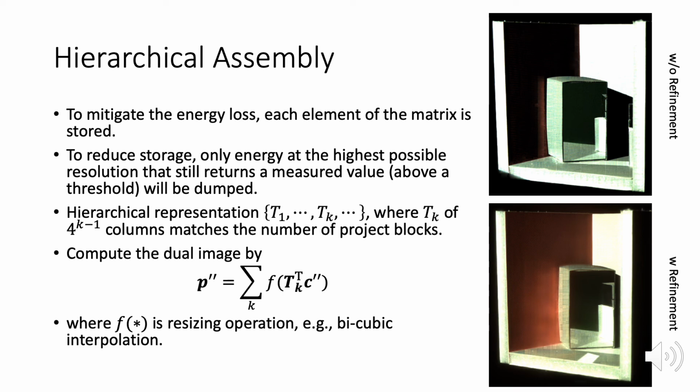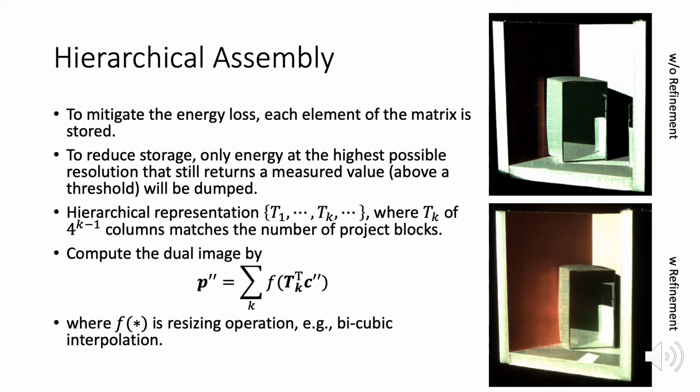Notice that the light transport matrices of different levels should contain different numbers of columns. Specifically, the light transport matrix of level k should contain 4 to the power of k minus 1 columns. So the recovered dual images should have different sizes.